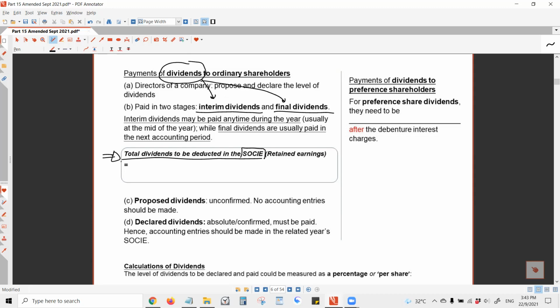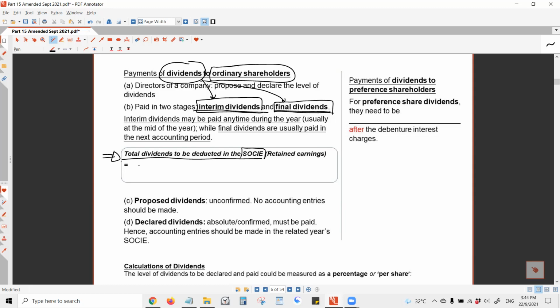Usually, I would explain using a long story why there are two types of dividends here, but I want to save time, so I don't talk about it. Don't worry, they will not ask you why there are two stages. And you must know that both interim and final dividends are paid to the ordinary shareholders.